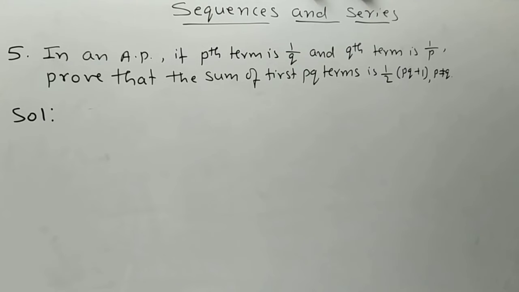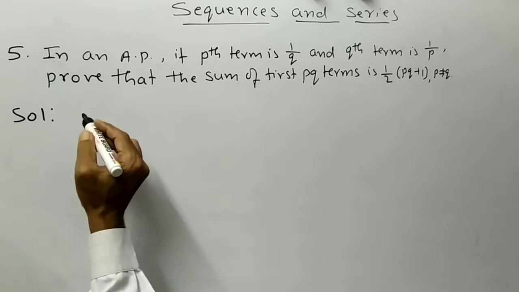Question number 5. In an AP, if the pth term is 1 by q and the qth term is 1 by p, prove that the sum of the first pq terms is 1 by 2 into pq plus 1, comma, p is not equal to q. Solution.